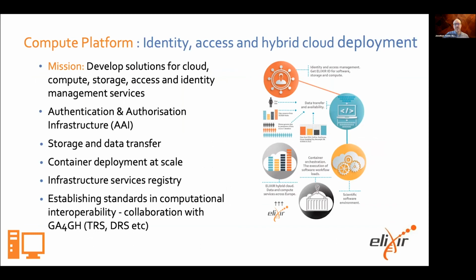Say a couple more things about that in a minute. Infrastructure services registry, container deployment at scale, storage and data transfer, as I say, in order that people can work on these data sets in one place. And probably the most important, and our first ELIXIR infrastructure service, is based around authentication and authorization.